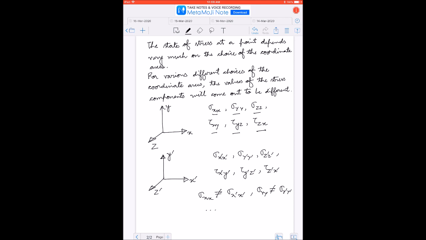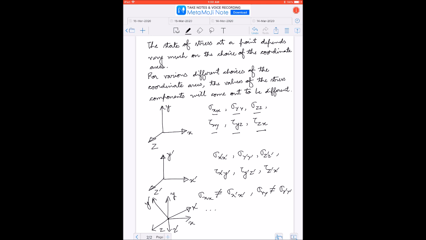What I mean to say is that suppose the situation is like this, that you have x, y, and z like this, and you have your x dash, y dash, and z dash like this, then you of course know what is the relative orientation of x dash with the other axes x, y, and z, what is the relative orientation of y dash with x, y, and z, and what is the relative orientation of z dash with x, y, and z.